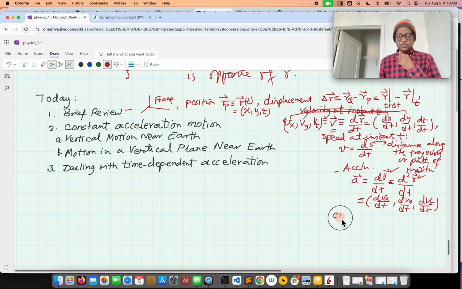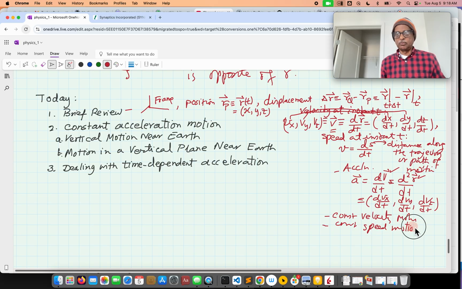So we had a constant velocity motion. Go back to a previous video. Then constant speed motion. These are very important. So now today we're going to do constant acceleration motion.